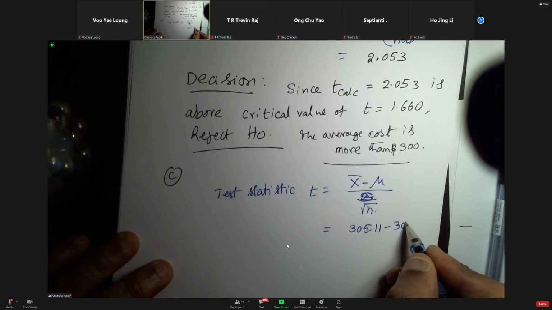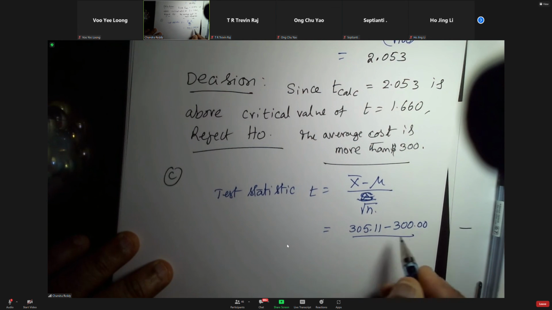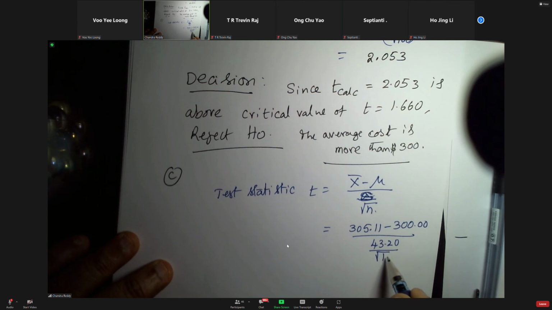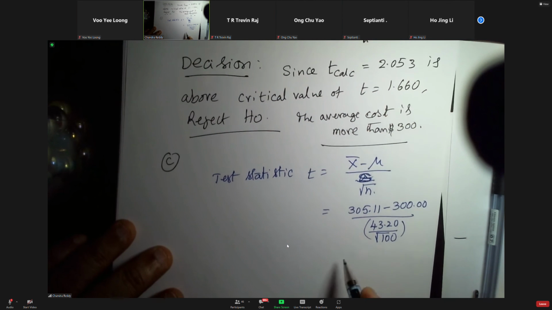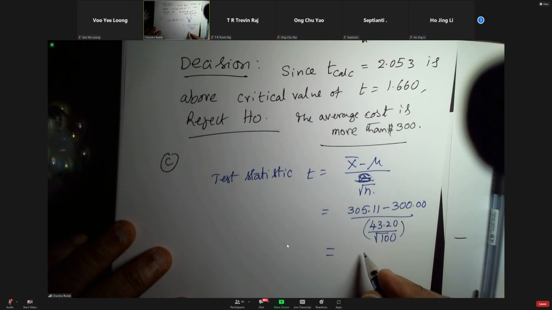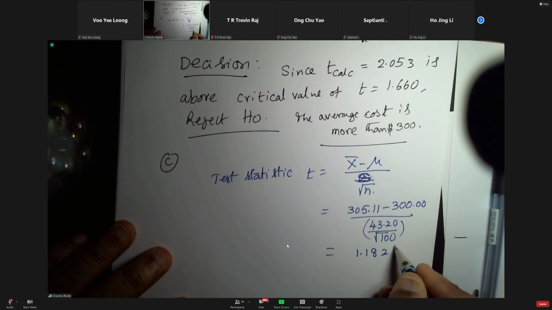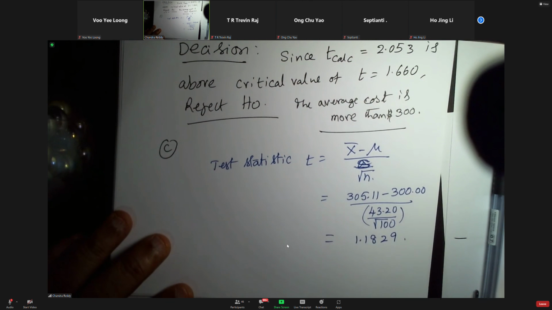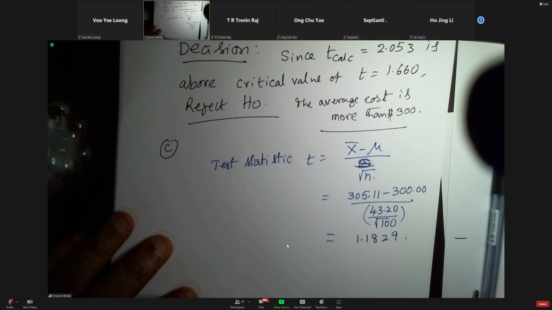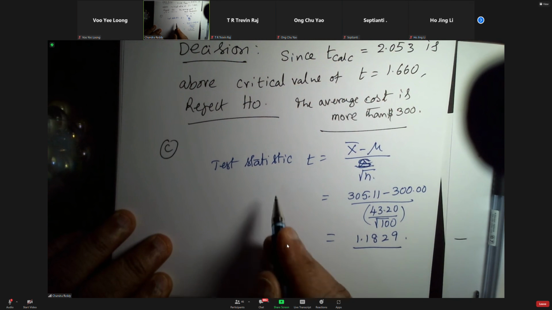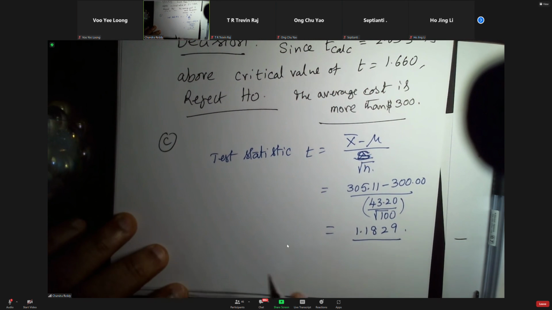The population mean is $300. The sample standard deviation is 43.20. The sample size is 100. If you calculate this, I think you will get 1.1829. So for part C, the calculated t value is 1.1829.